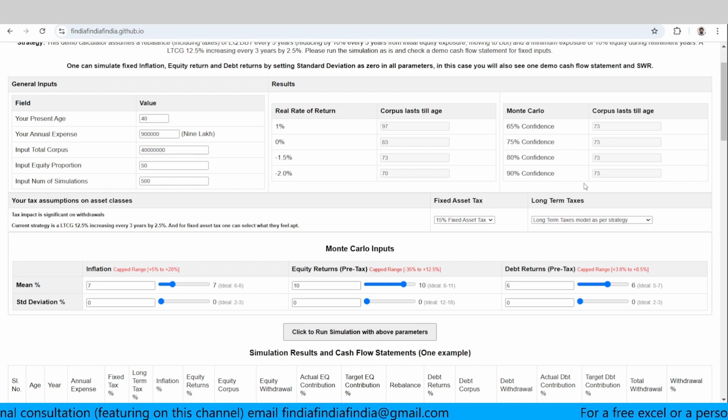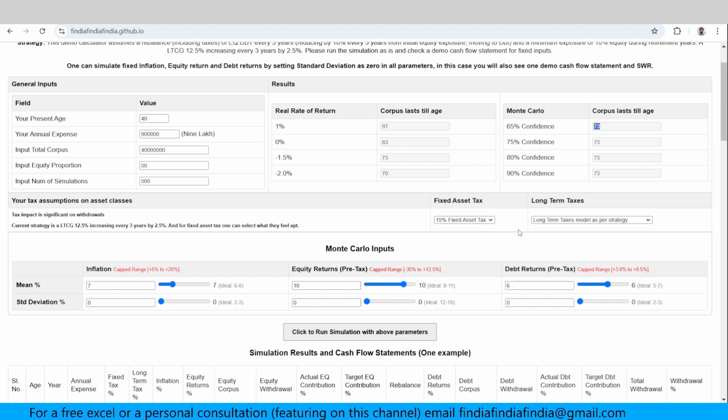If I add taxes, this 9 lakh expense for a 40-year-old with a 4 crore corpus, with all standard deviations as 0, means it's only going to run one cycle because the standard deviation is 0, so there's no simulation happening. Your 83 at 0% has become 73 years just by adding taxes.